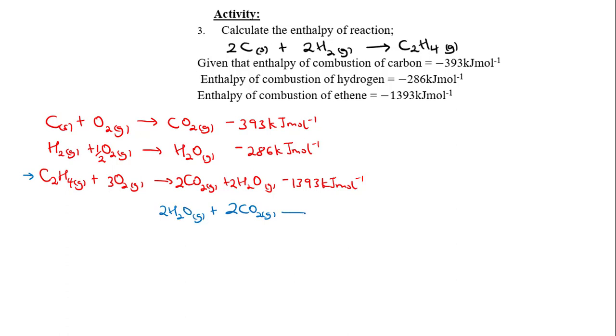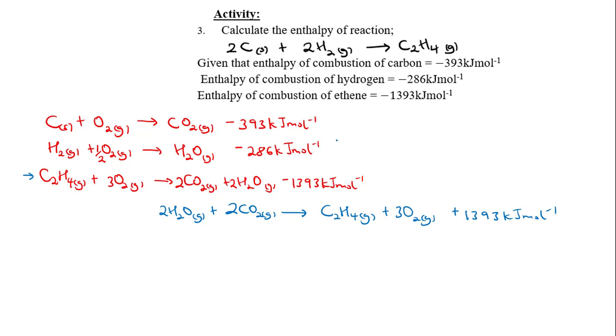These two will combine to form our ethane, C2H4, plus our 3 molecules of oxygen. But one thing to notice is that now the sign will change. It will become endothermic, so it will become positive 1393 because it's a reverse reaction.